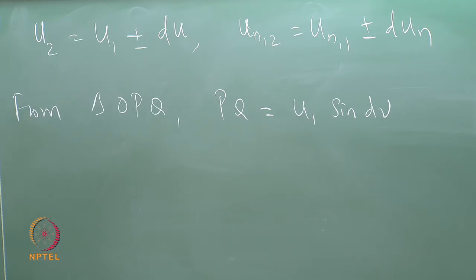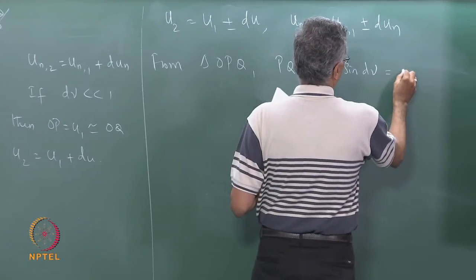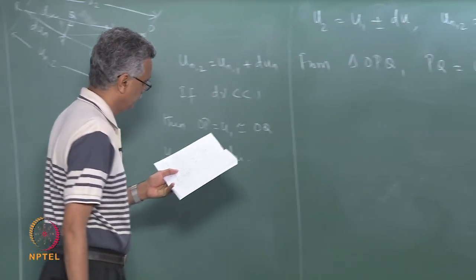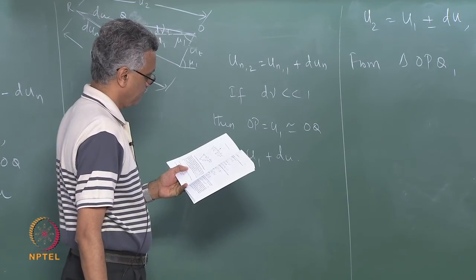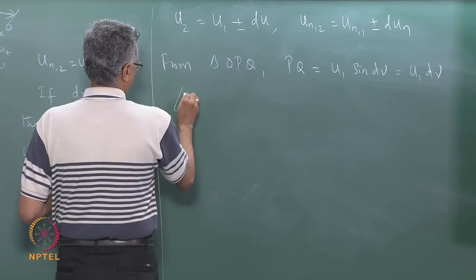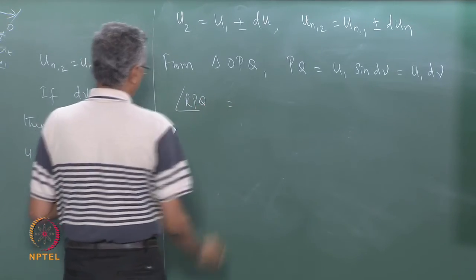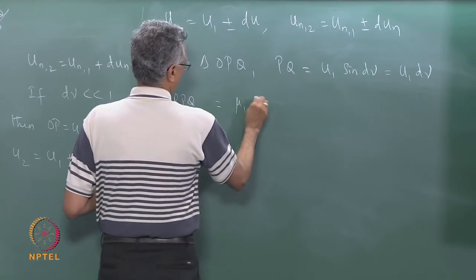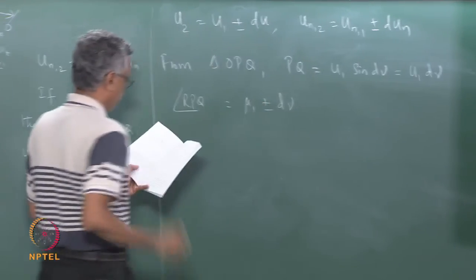PQ is equal to U1 sin d nu, and for small values of d nu I can approximate this as U1 times d nu. Now, the angle at Q is mu1 plus minus d nu.